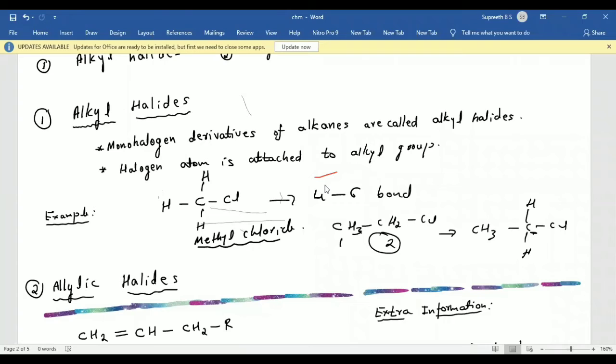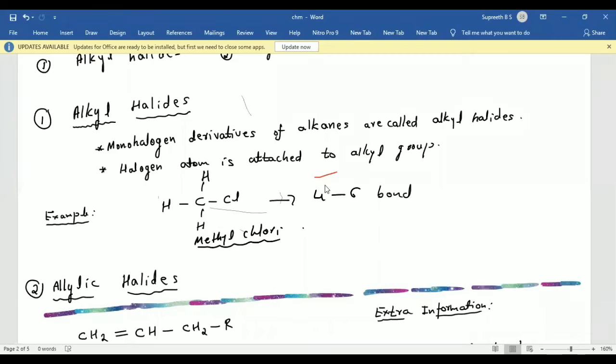So that carbon is sp3 hybridized. So the chlorine atom is directly attached to an sp3 hybridized carbon atom. That type of halogen compounds are called alkyl halides. Take example, methyl chloride, ethyl chloride.